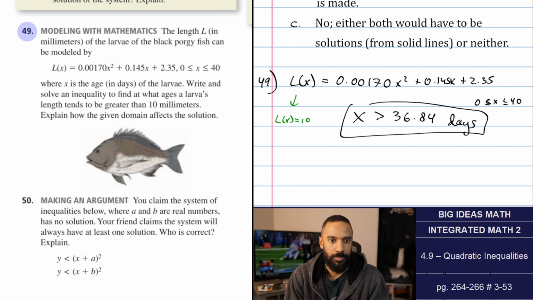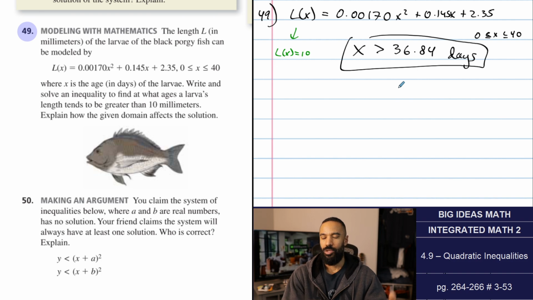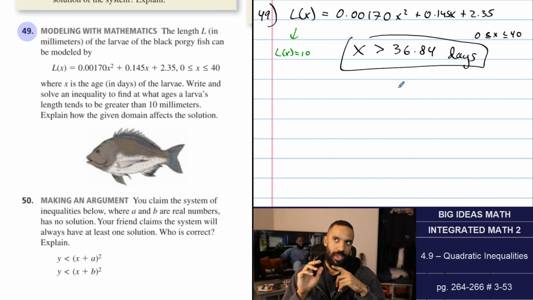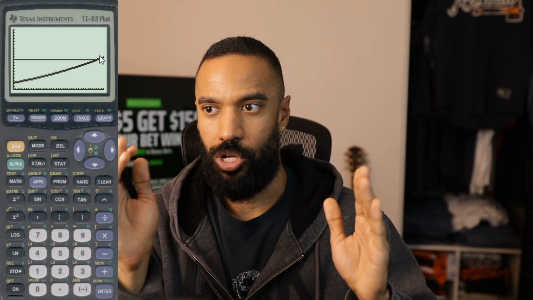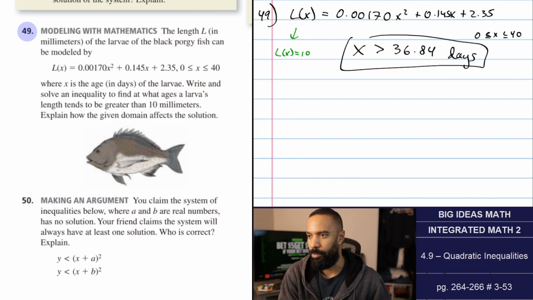What was the other part of the question? Explain how the given domain affects the solution. Well, they restricted our domain. Clearly this one's a quadratic. It's an x squared. So given that it's a parabola, it's also going to come back up at some point over there. But that's not within our domain, and that's not a domain that we really care about. This starts at day 0.